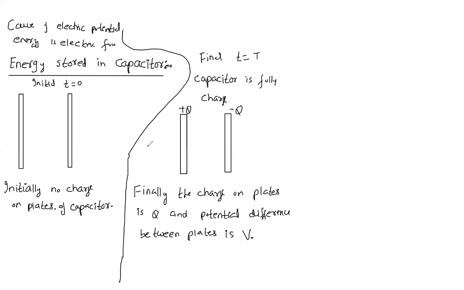So we have to calculate the work done in charging this capacitor from the initial state, when charge is 0, to the final state, when the charge on the plates is capital Q. So we have to calculate the work done to charge this capacitor.